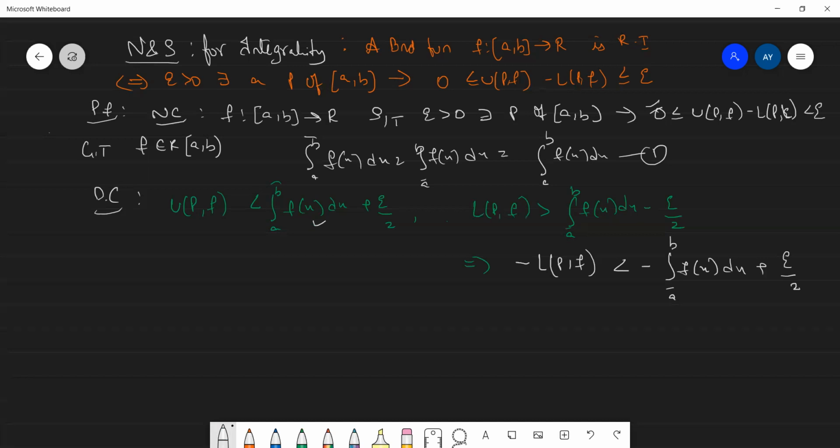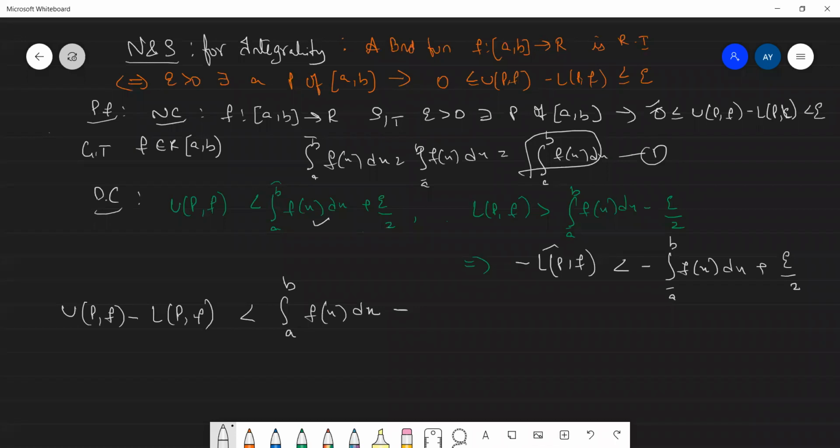Now from both these conditions, from the above relations, we can write U(P, f) minus L(P, f) is strictly less than the integral a to b of f of x dx minus the integral a to b of f of x dx, plus epsilon by 2 and plus epsilon by 2.